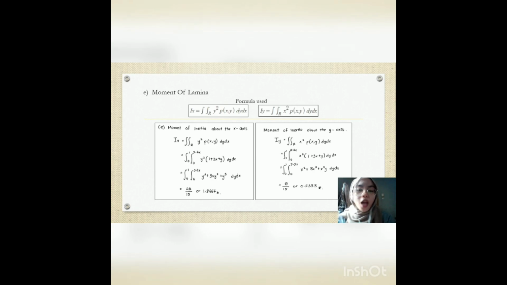The moment of inertia about the y-axis calculation is similar to that about the x-axis. The difference is the formula: Iy equals the double integral of x squared rho dy dx. So we do the calculation and get the answer 8/15, or the decimal answer 0.5333.